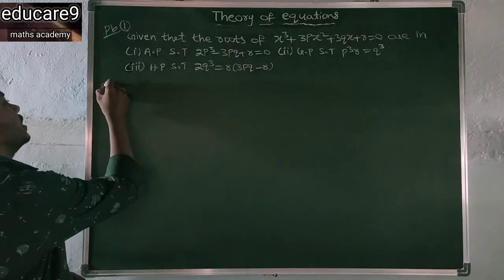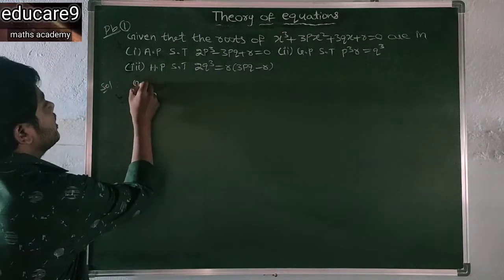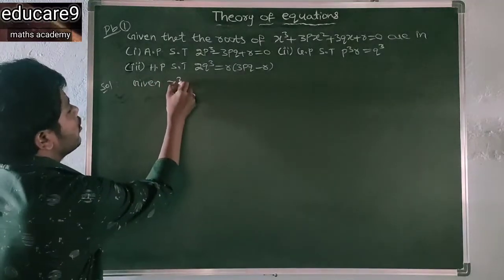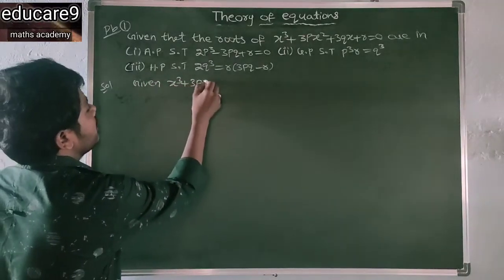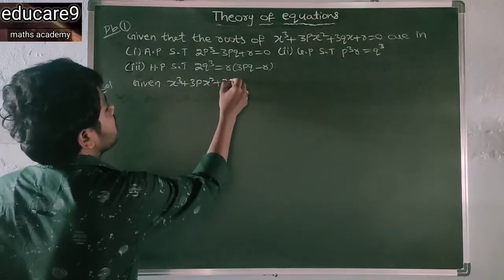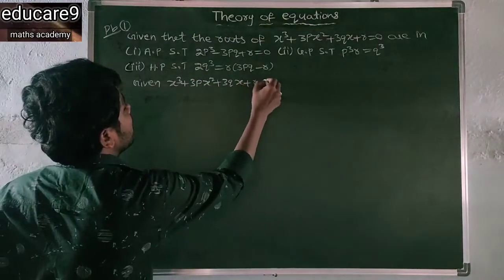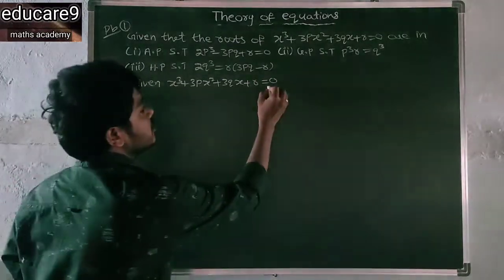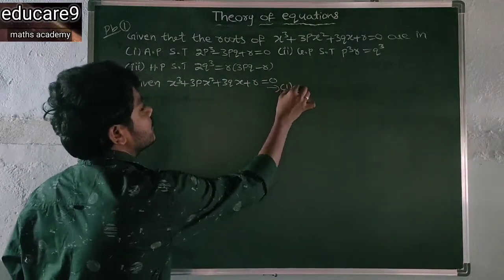So see the solution. The given cubic polynomial is x cube plus 3px square plus 3qx plus r is equal to 0. This is equation 1.